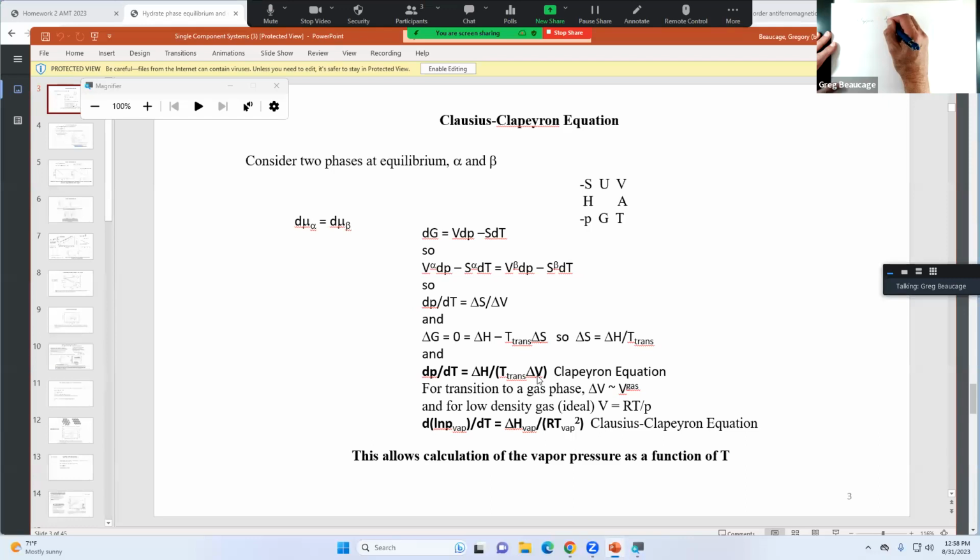Clapeyron was dP dT is delta H over the transition temperature and this V, and then you substitute in V vapor for delta V because the liquid is much smaller than the vapor. Then you substitute in V equals RT over P.